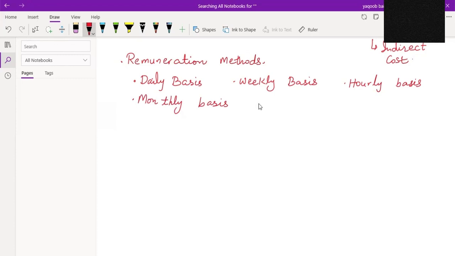Next one is piece work basis. Piece work basis means paying on the basis of units produced.